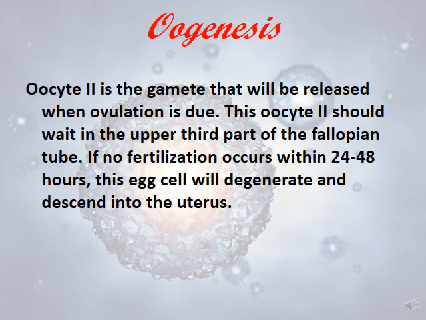Please kindly note here that oocyte 2 is the gamete that will be released when ovulation is due. This oocyte, the secondary oocyte, should wait in the upper third part of the fallopian tube. If no fertilization occurs within about 24 to 48 hours, this egg cell will degenerate and descend into the uterus.